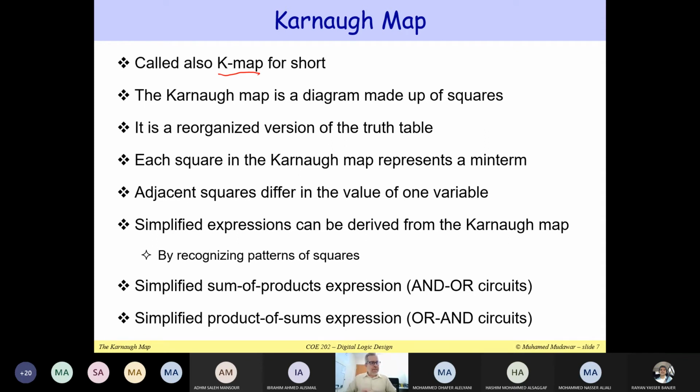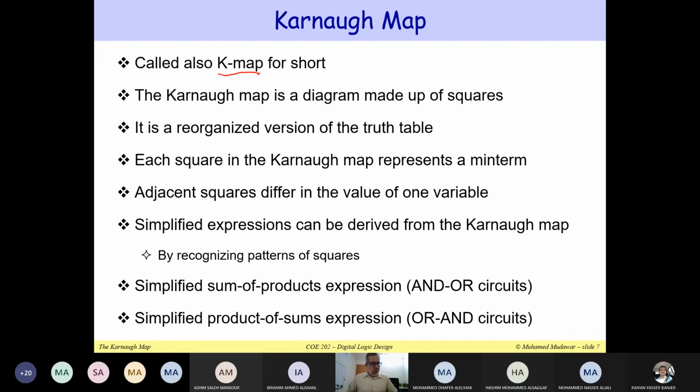And the Karnaugh map is still being used until today. You can easily use it, even by hand, to minimize functions. Let us say if you have functions of 3 or 4 variables, you can easily use the Karnaugh map to obtain a minimal expression. So that's really very simple and very easy.